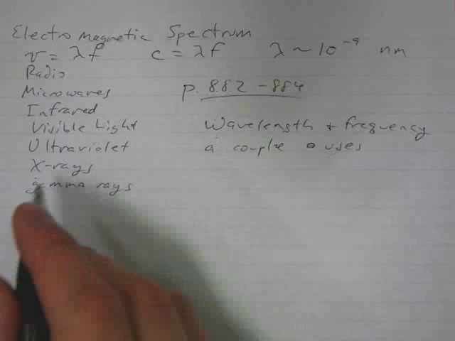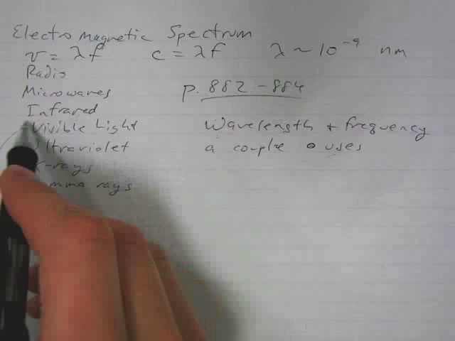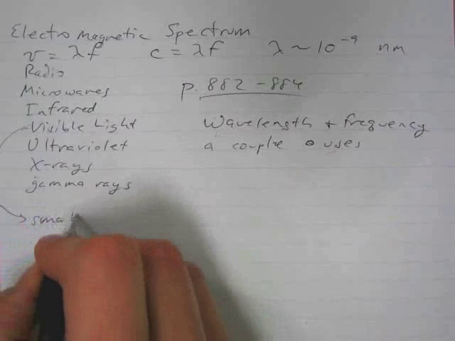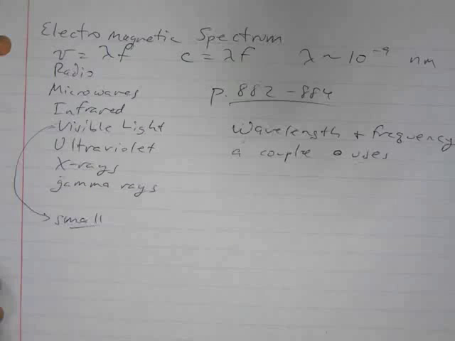One thing to point out is that the band of visible light, what we can see, is a pretty small part of the electromagnetic spectrum, and it's defined in terms of eyesight.